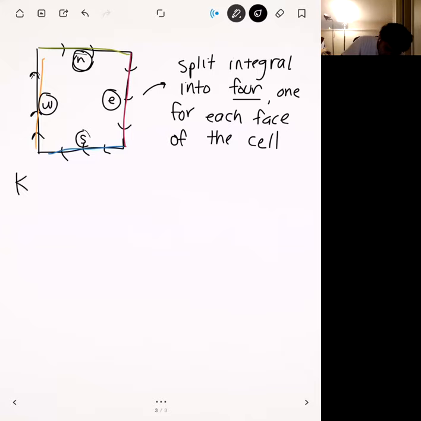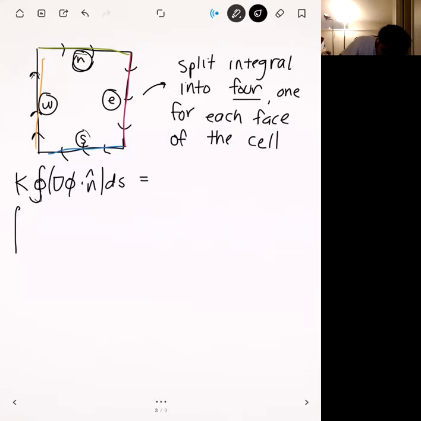So we're going to start with this. We have the integral around the entire boundary of gradient of phi dot product with n ds, okay. And then we're going to break this into four. I'm going to start up top and then work my way around from there.